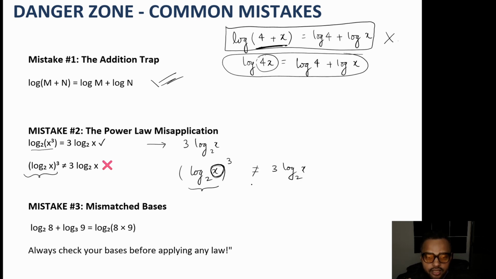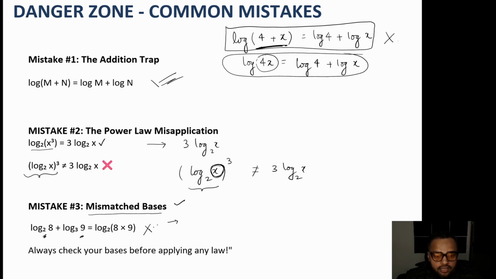So don't get confused between the power of a number which is inside the log and the power of the whole log. Now the next mistake which students make is the mismatched bases. Mismatched bases means, see, here the base is log of 8 base 2 and here the base is 3, so it can't get multiplied.